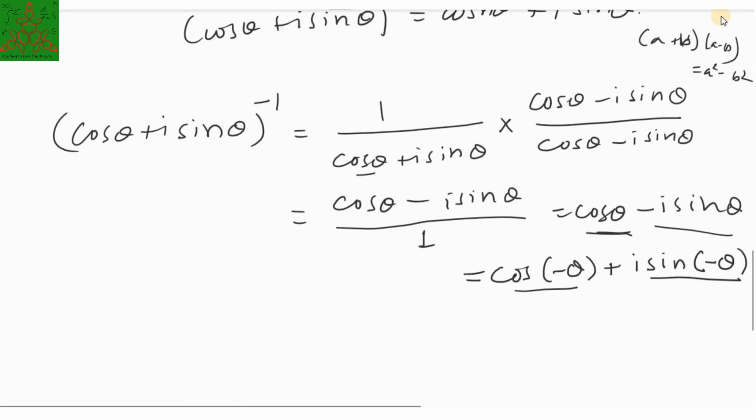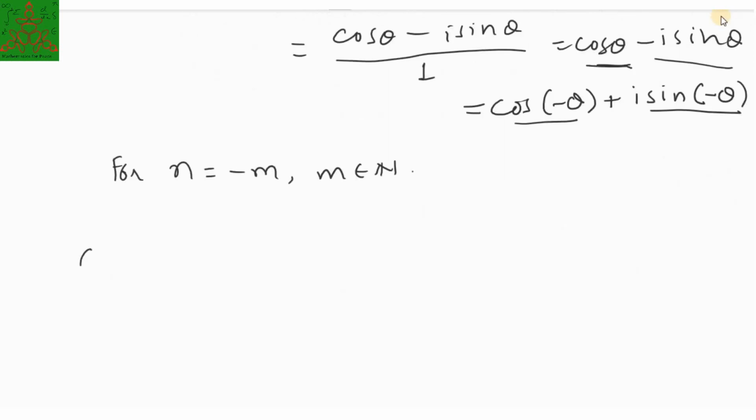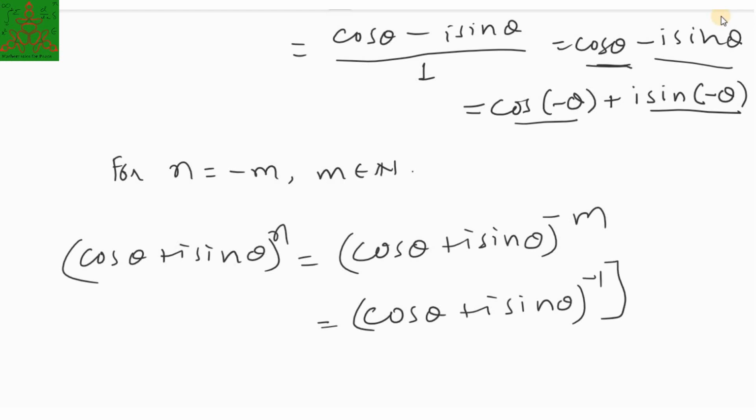Now let us consider n equal to minus m, where m belongs to N, so that means I am taking a negative integer. We start with (cos theta plus i sin theta) power n, which we can write as (cos theta plus i sin theta) power minus m. This we can write as ((cos theta plus i sin theta) power minus 1) whole power m.